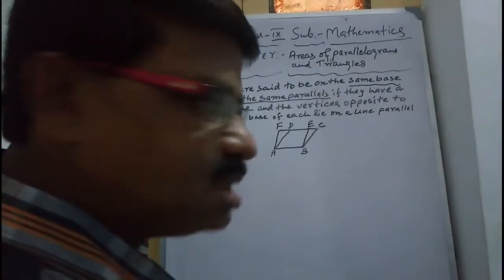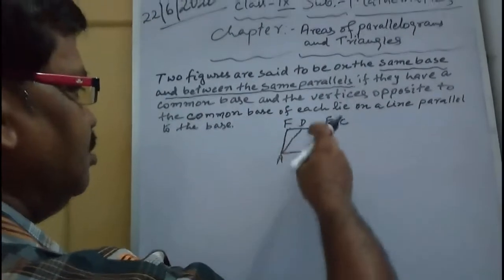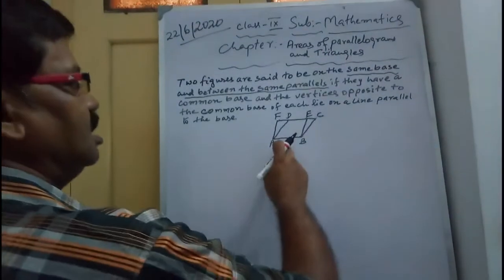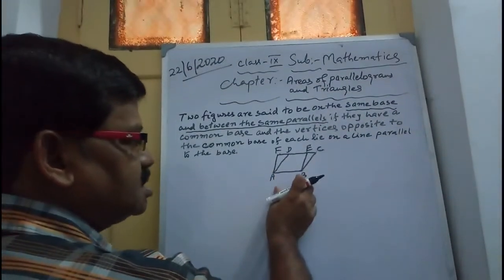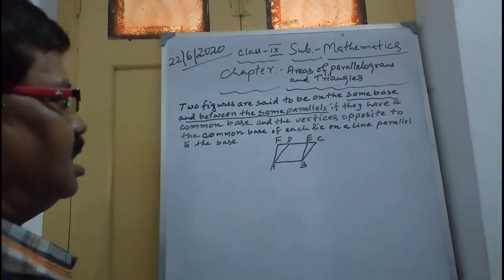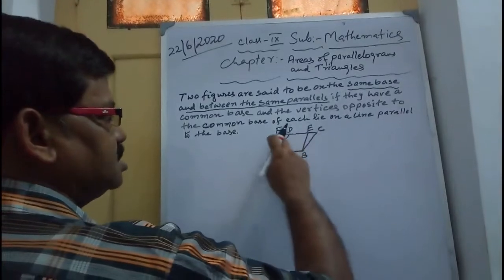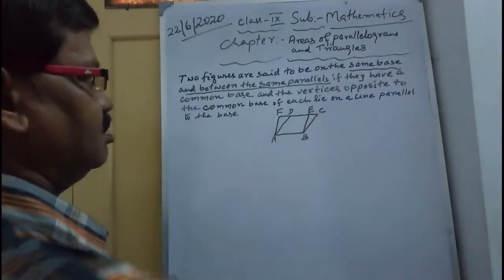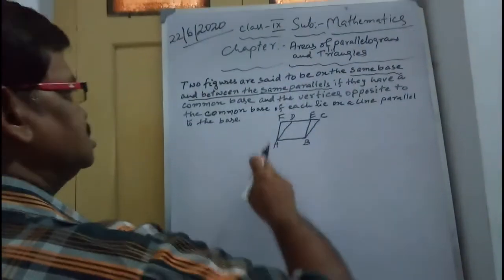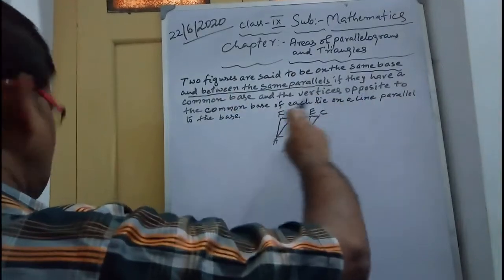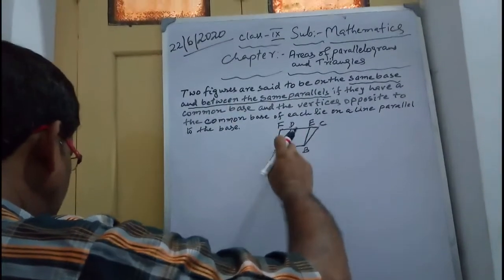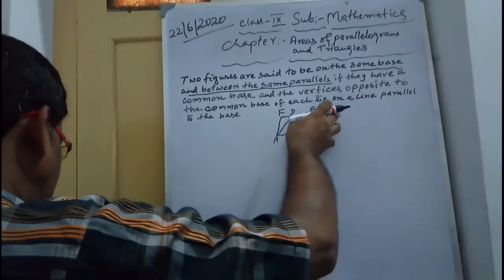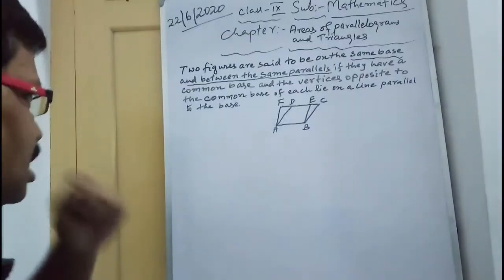One is ABCD, another is ABEF. They lie on the same base, that is AB, and lie on the same parallels. In this case, these two figures lie on the same base and between the same parallels. In this condition, we can say that.